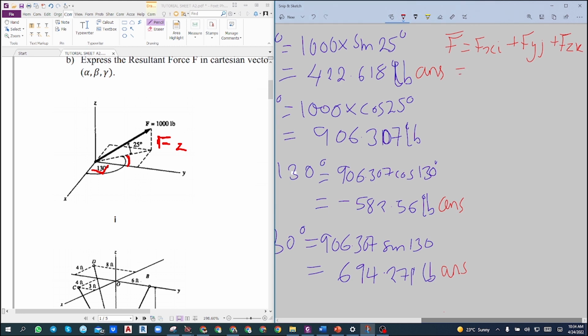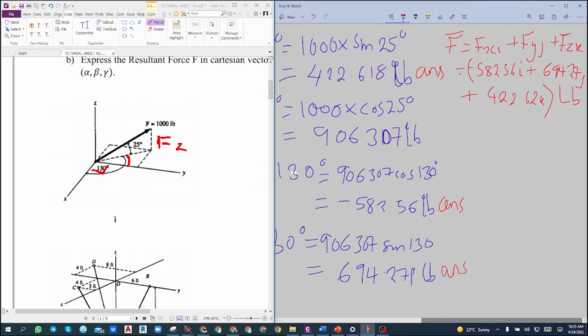So this is equal to -582.56i plus 694.27j plus 422.62k, and then I put everything in brackets and put pounds outside there.